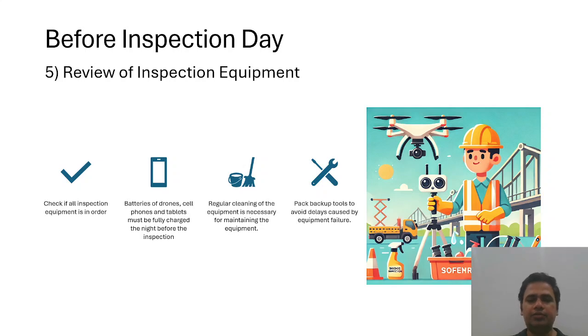For example, if you have one pole camera, you should ideally carry another one, so that if one has malfunctioned, you have another to use, and that will save a lot of time.